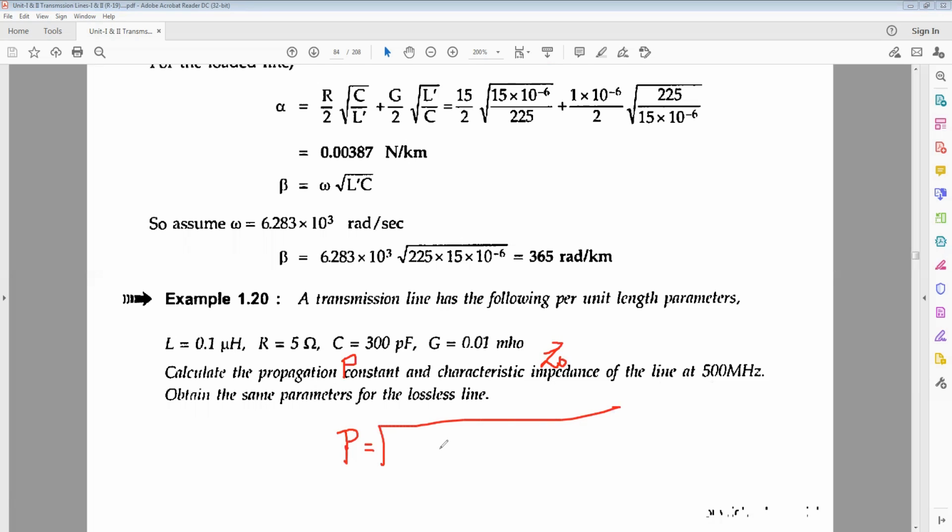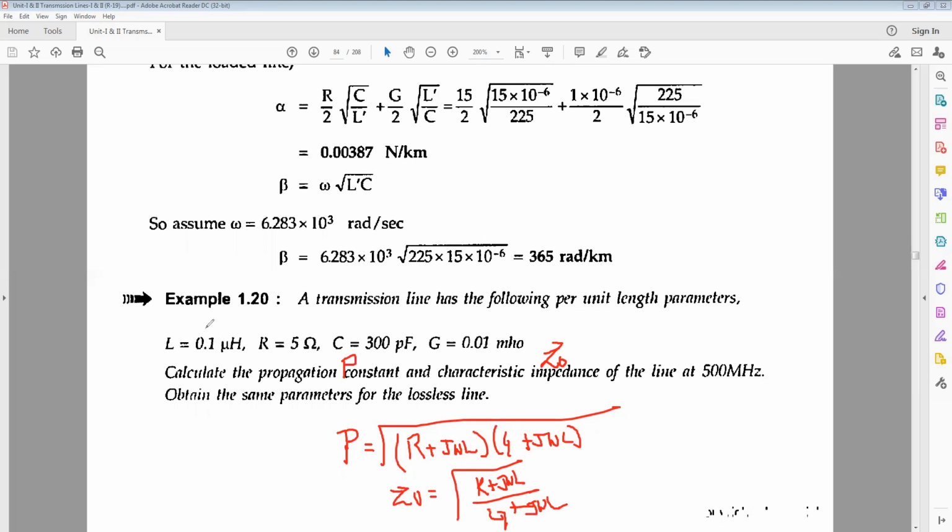P is equal to under root of (R plus j omega L) and (G plus j omega C). So all the terms are given, and Z naught is equal to under root of (R plus j omega L) divided by (G plus j omega C).